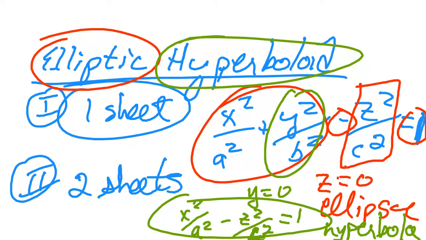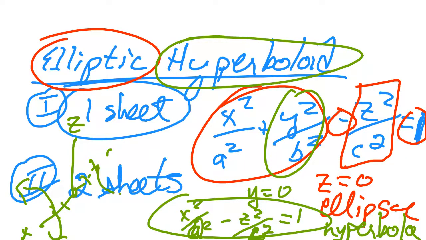So when y is 0, I'm on the zx plane, and then I'm going to get a hyperbola. Remember, a is kind of the dictator here. I'm out a, so that's a vertical hyperbola, and going back here, if a was 2, I'd be back here.